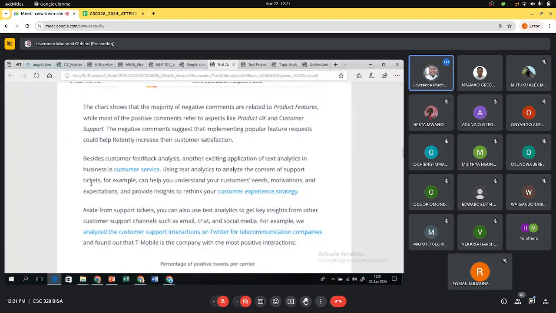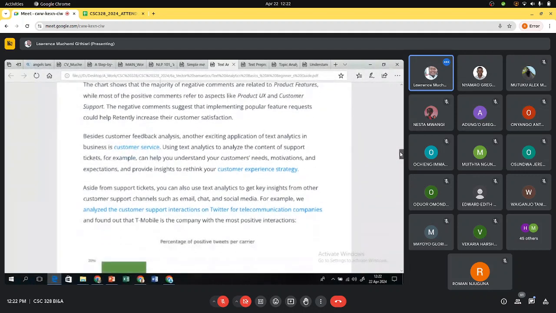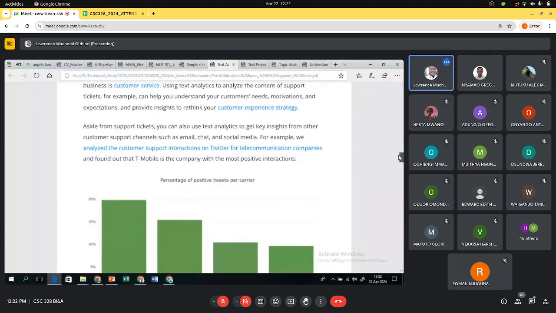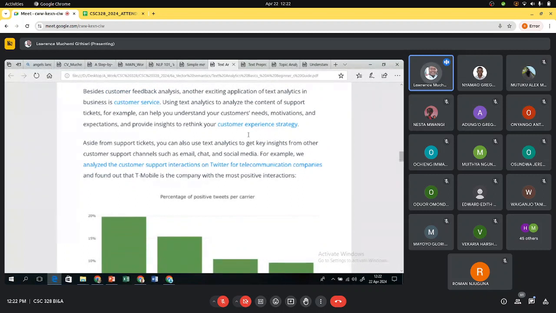So you analyze them, then you'll be able to understand their needs or their motivations. If it's a service, why are they coming to you for service? What's motivating them to come to you for a service? And also the expectations. So that's the second one, customer experience strategy.